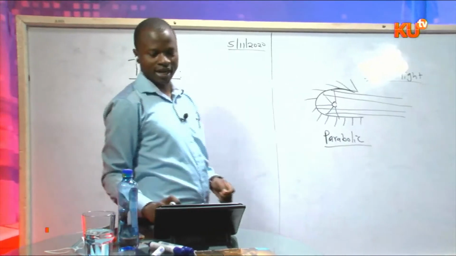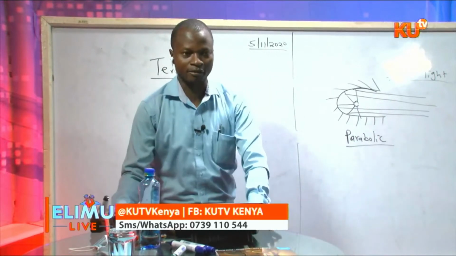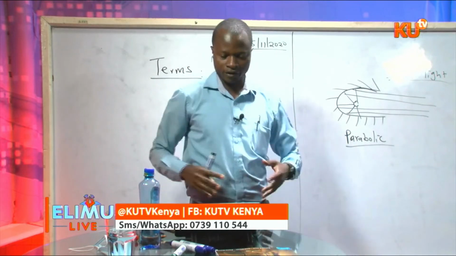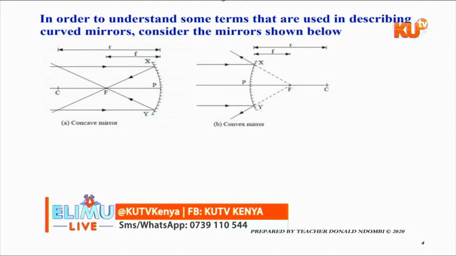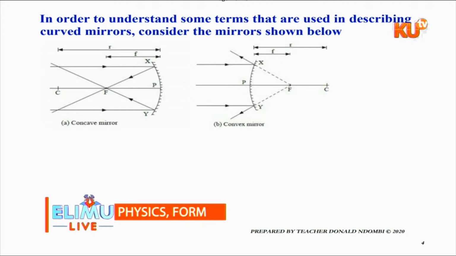Now to help us understand these terms, I want us to look at the diagram on your screen. You can take a minute and draw it. So in order to understand some of those terms, we can use those two diagrams. The first one is for the convex mirror, and the one on the right is for the concave.